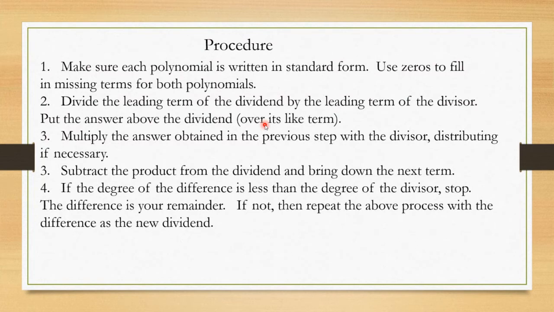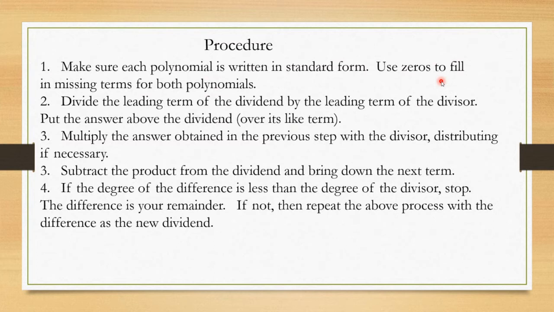And if you're missing any terms in a polynomial after the leading term, you can use zeros to fill in the missing terms, almost like placeholders. In fact, you actually have to do that here.